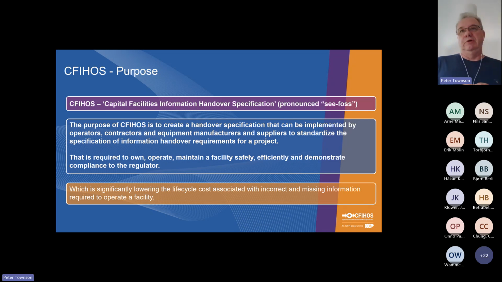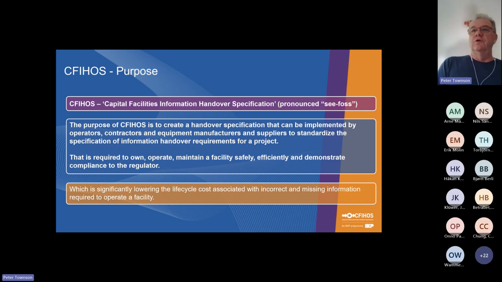So it can be used by not only the owner operators, the EPC contractors who deliver the projects, the fabrication contractors, the commissioning contractors, and in some instances handover contractors, and also equipment suppliers and manufacturers. And we're standardizing the information that is required to own, operate and maintain a facility as efficiently as possible, and also demonstrate compliance to the regulators.